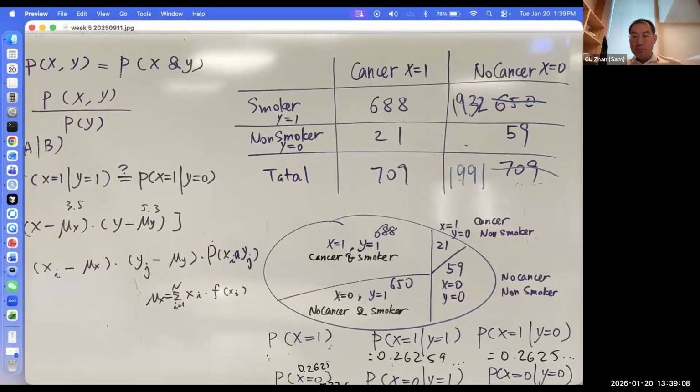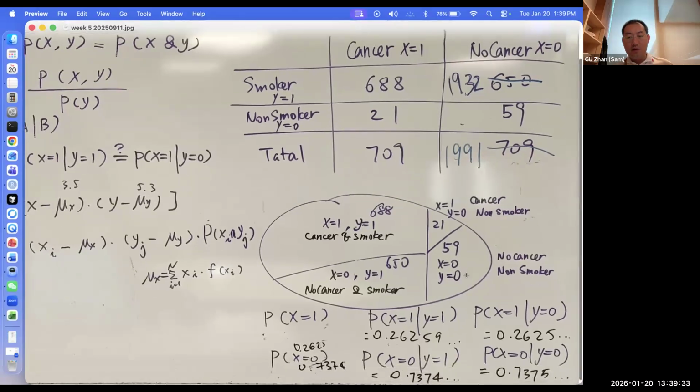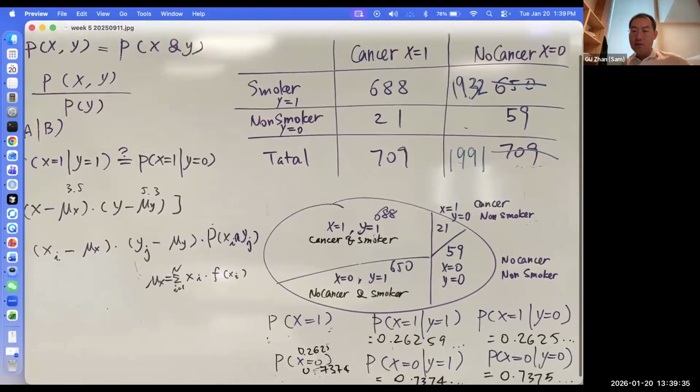No cancer, x equal to 0, y equal to 1, you have 650. So in total, these are a larger portion versus those who are getting cancer. Non-smokers, y equal to 0, and cancer is 21. Then non-smoker and no cancer is 59. Once you have this table, that'll be much easier for you.